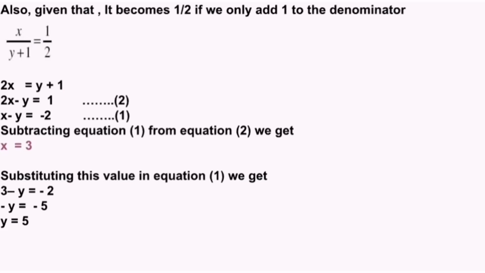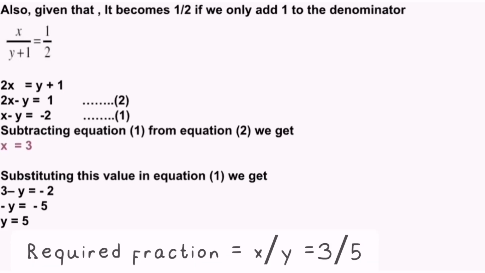Here we won't need to multiply with any numbers, because here we have y, which has the same coefficient in both the equations, so it is easy to subtract. By subtraction we will be finding x, and with the x we are substituting it in 1 or 2 as per our wish and finding y. As we have taken the fraction as x by y, our required fraction here will be 3 by 5.